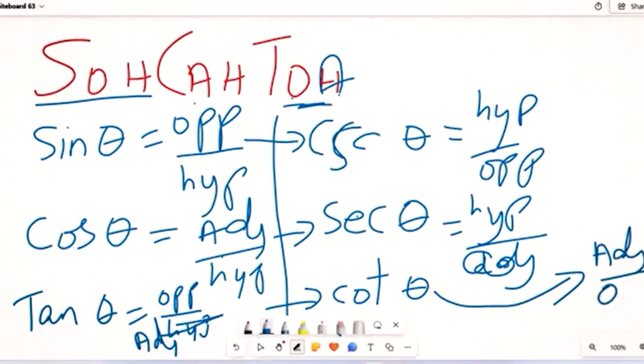So since tangent is opposite over adjacent, cotangent, the reciprocal, is adjacent over opposite. And so we call these the 6 trigonometric ratios. 6 trig ratios.